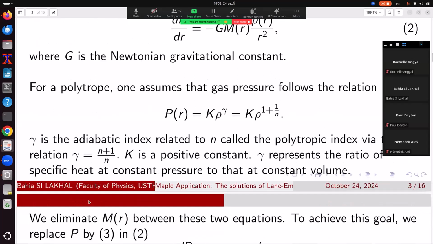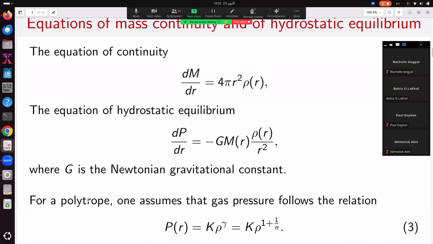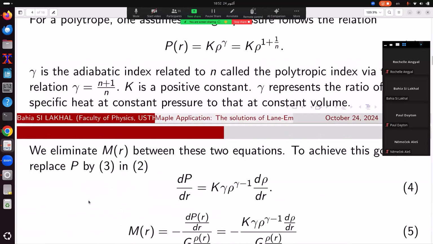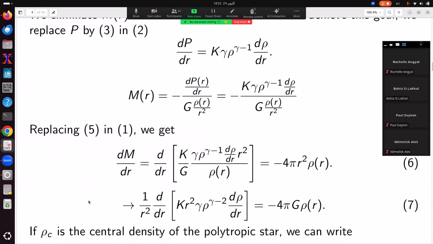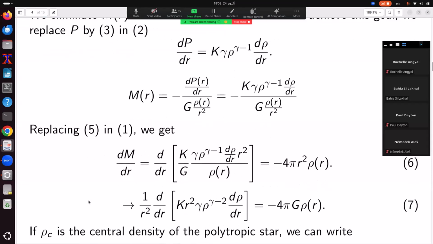Now, to get the Lane-Emden equation, we have to eliminate the mass between the two equations, the equation of continuity and the equation of hydrostatic equilibrium. We get this equation. It will be useful to write the equation in dimensionless form.